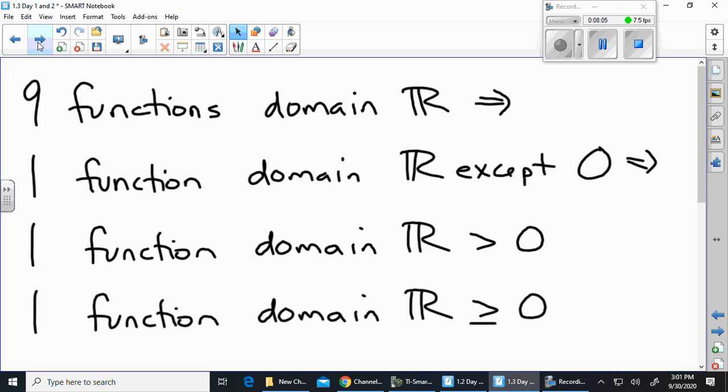You have to think, give me a couple that have domain negative infinity to infinity, which would mean there's no breaks and all x's work. A line, absolute value, parabola, which is x squared, x cubed, what I just did, logistic, etc. So you have to look them over to be able to answer the questions.